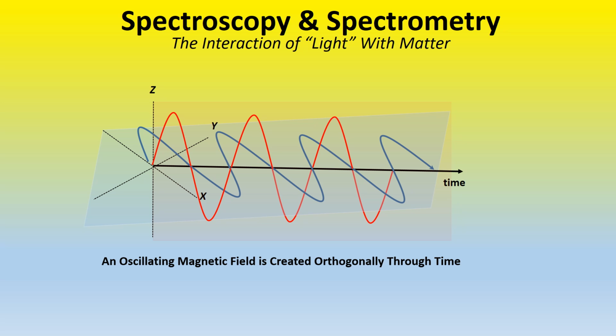Orthogonal to that, you have a magnetic field oscillating in the YZ plane. Both of those fields progress at 90 degrees from each other in a straight line that defines the general propagation of the wave.